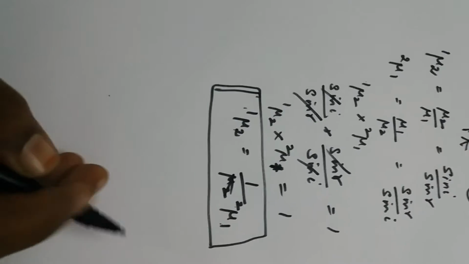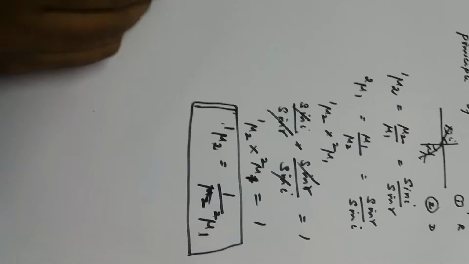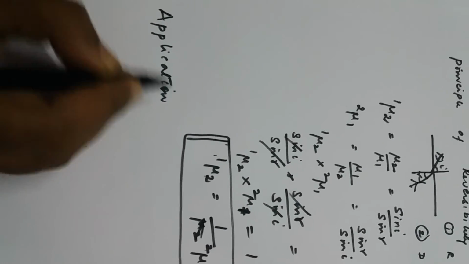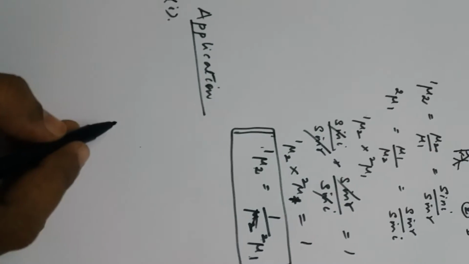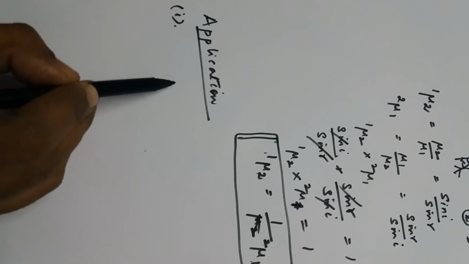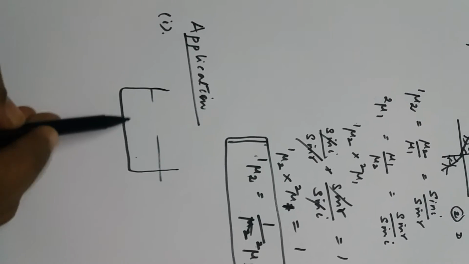So this refractive index also helps us in applications. Let us see two applications. Application 1 is: what is the height at which an object is raised due to refraction? Let us take the example of a coin in a beaker containing water.